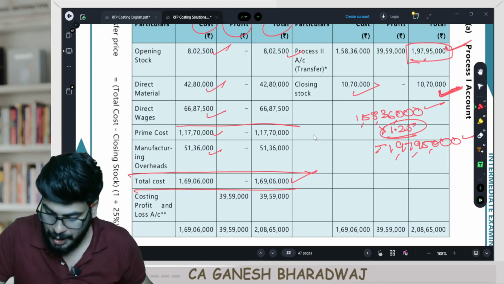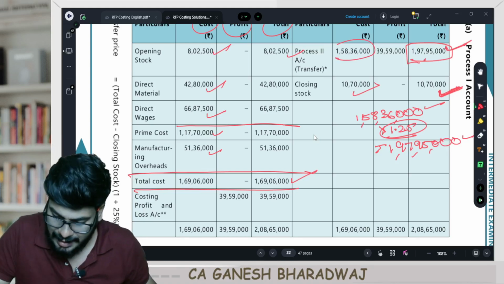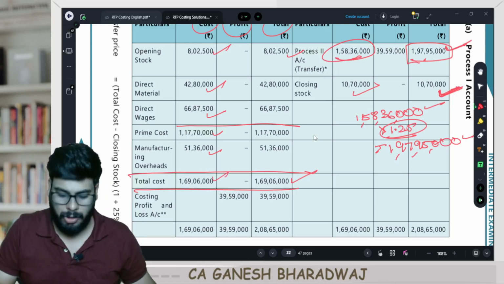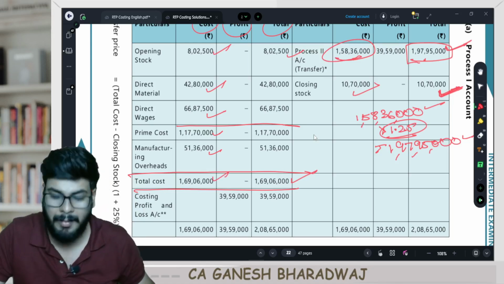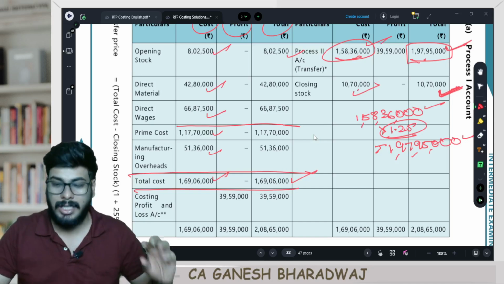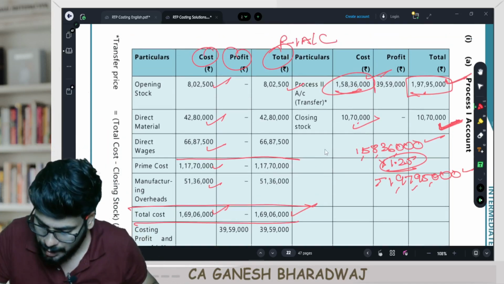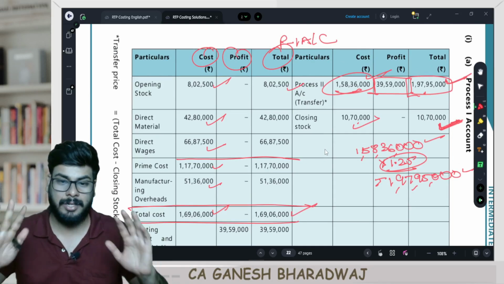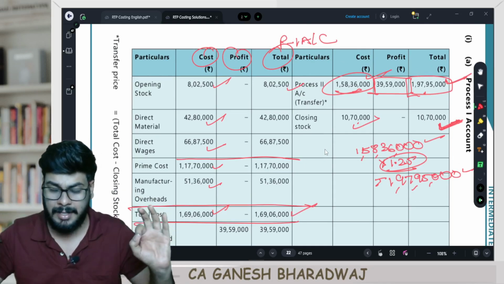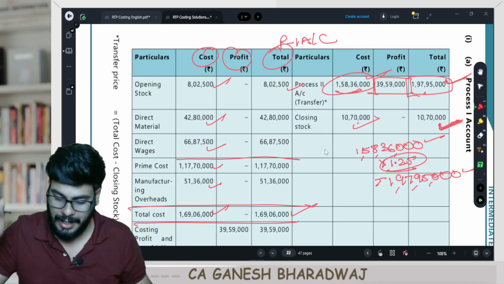Now this figure we have arrived at here. Similarly, this is a balancing figure. The total cost column 169,06,000 minus 10,70,000, you get the cost pertaining to the output transferred. So the difference between these two is going to be the profit inside this. Are you clear with this, guys? Very, very simple, but you need to do it in a certain way.